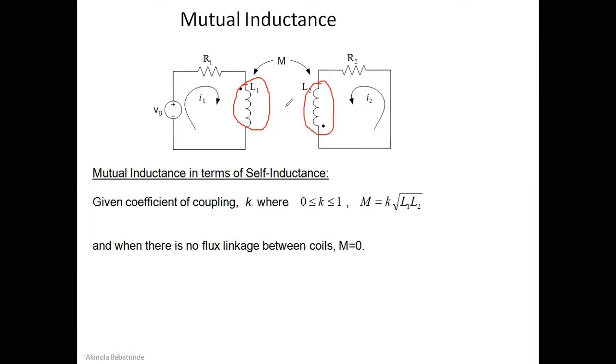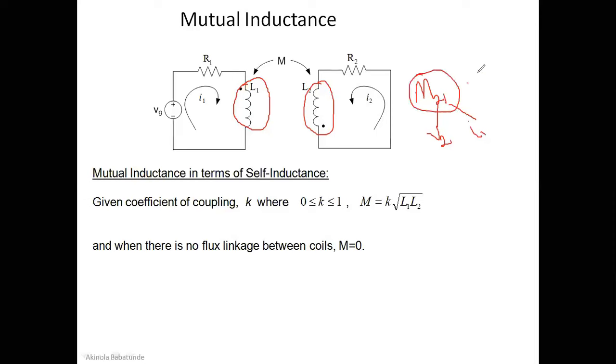Now, this mutual inductance, like I mentioned earlier, we're going to have M21, right? M21 is the inductance that relates the voltage in coil 2, which is V2, to the current in coil 1. M21 represents that inductance that relates voltage V2 induced in coil 2 based on current flowing through coil 1.